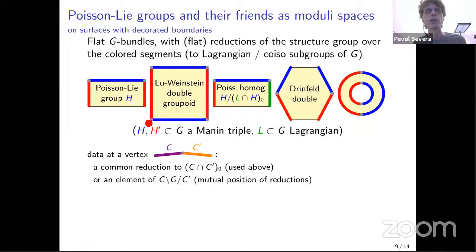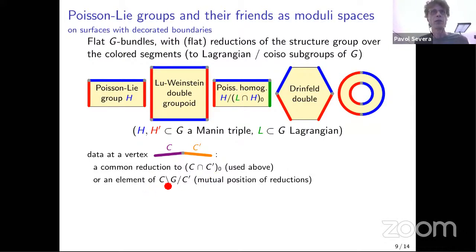And what is happening at the vertices? The simplest thing that one can do is to require that those two reductions are compatible. There are two principal subbundles sitting in the same principal bundle. Compatible means that they intersect. And then it's convenient to choose a common reduction only to the connected component of the intersection.